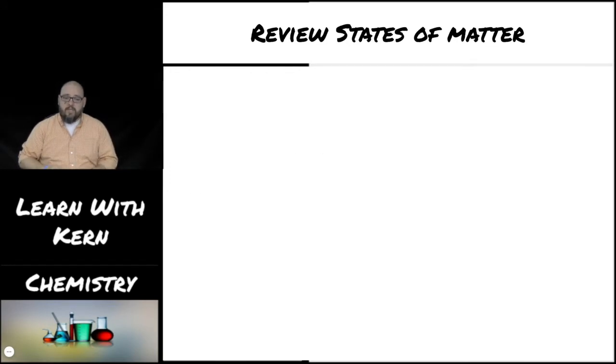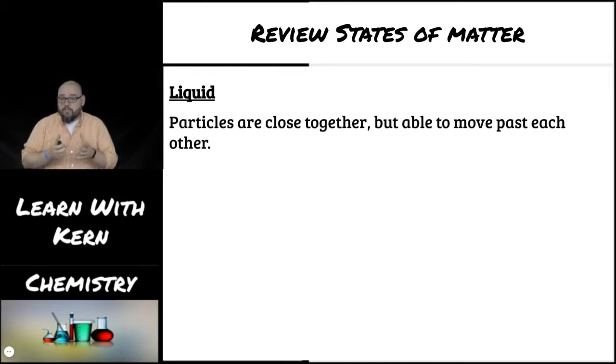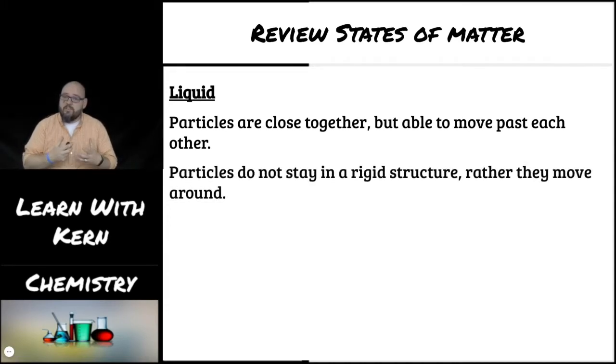That's a solid. Liquids are very close to solids in that they have some of the similar things. Their particles are also close together, but they're not stuck in a rigid formation. They're able to move past each other. And because they're not stuck in that rigid structure, particles can move around, but they're still relatively close to each other within the sample of the substance.